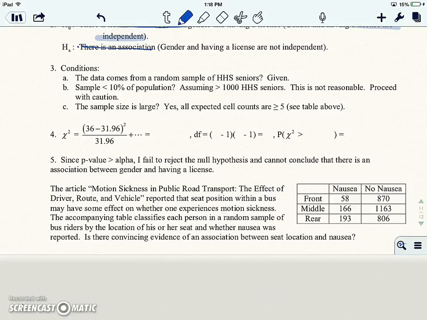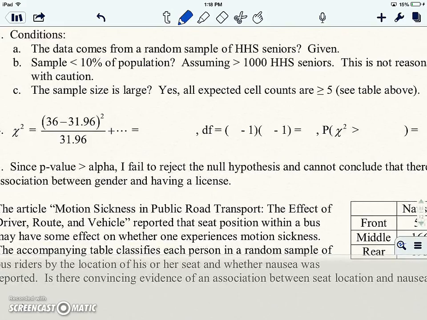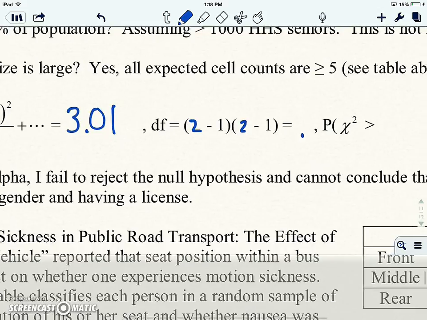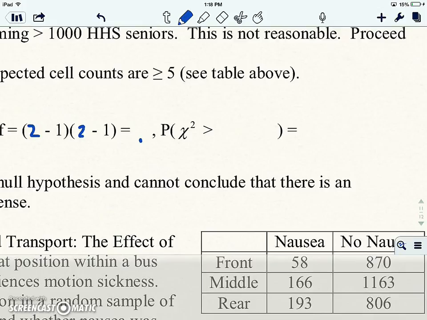And so we go ahead and run our test, which we did, and we got a chi-square value of 3.01. Our degrees of freedom was 1 because there were 2 rows and 2 columns. We were trying to find the probability of getting a chi-squared value greater than 3.01, assuming that they were independent.